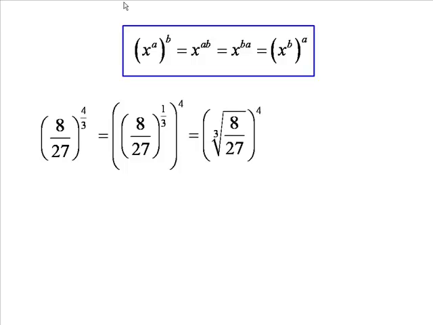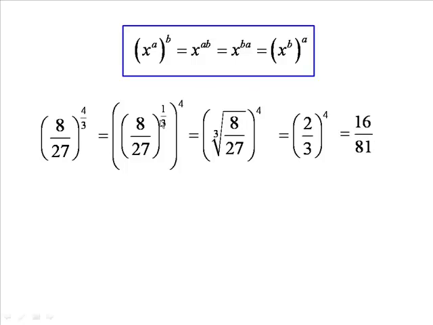That gives us the cube root inside the bracket of 8/27, all to the power of 4, which is 2/3 to the power of 4, because 2 and 3 are the cube roots of 8 and 27 respectively. And so now we get an answer 16 over 81.